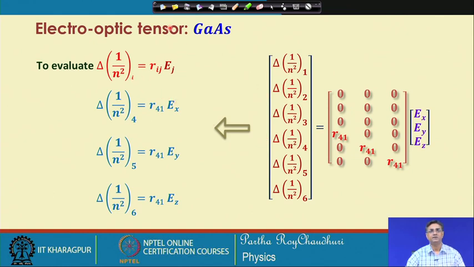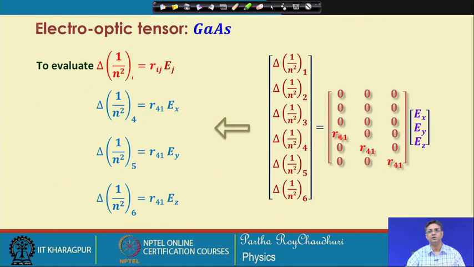Let us take this gallium arsenide example. By multiplying this with this equation, I can isolate each of the components, and you can see that delta of 1 by n square 4, this is non-zero, this is non-zero and this is non-zero.